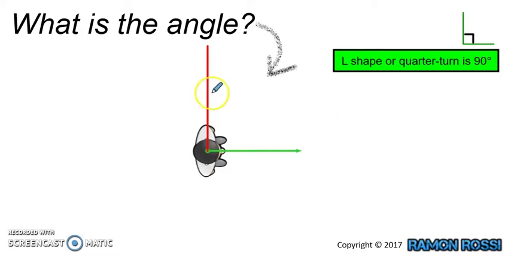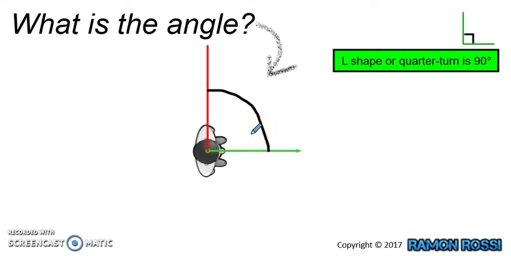So normally when there's an angle, we draw this in there to show the angle that we're measuring. We don't normally put the arrows on it because it doesn't really matter which way they went. We just want to know the size of the angle.